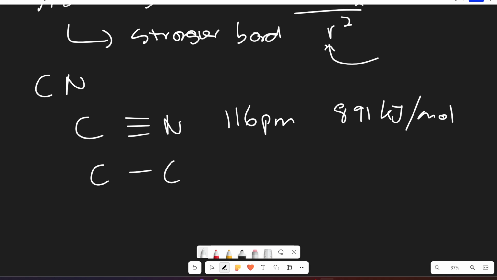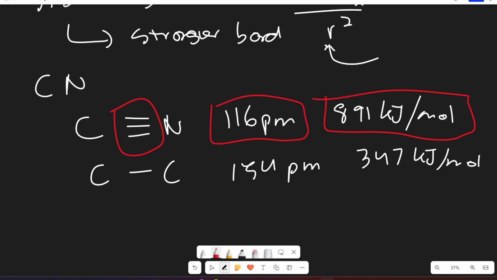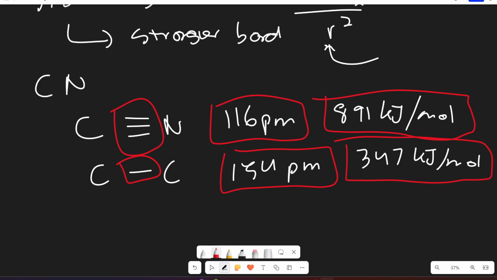We have a bond length of 154 picometers, and then we also have a bond energy of 347 kilojoules per mole. So you can see a very distinct pattern here in that we obviously have a triple bond here, so that results in a shorter bond length and also a greater bond energy, essentially meaning that the bond is stronger. Here we only have a single bond, our bond length is longer, and then our bond energy is obviously less.